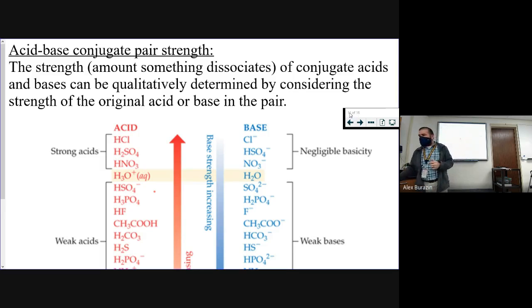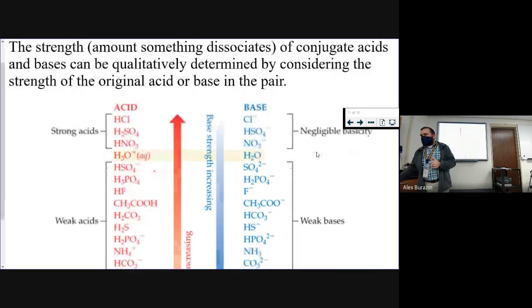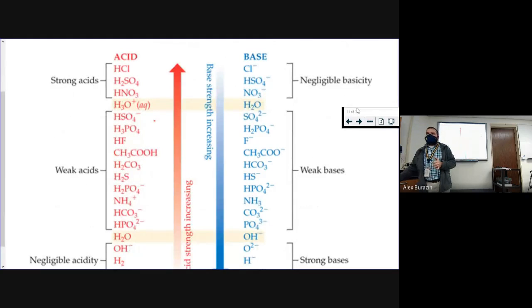All right, what I have here is not all of the acids or bases that exist by any means. Okay, not even close. But here is the takeaway, and we'll work with this for the remainder of the hour. All right, we're looking at the relationship between an acid and its conjugate, or a base and its conjugate.